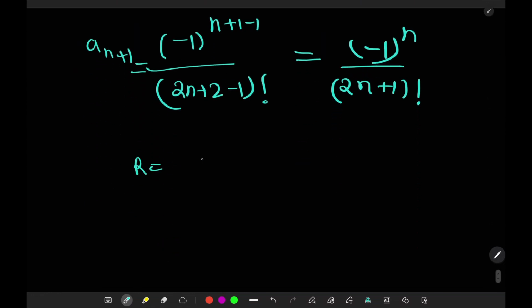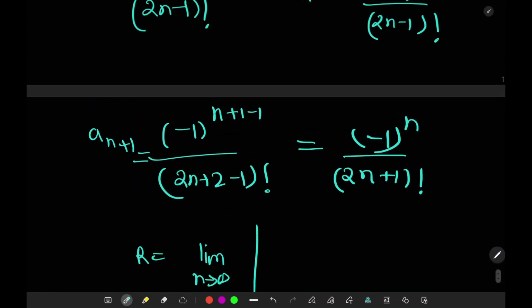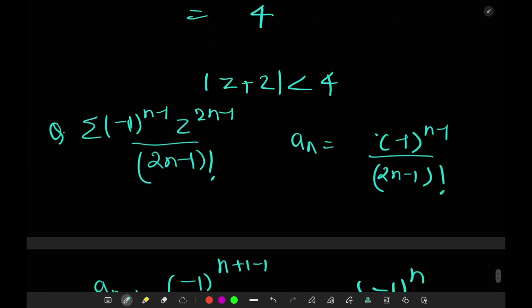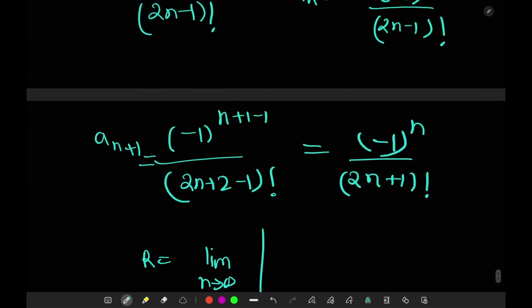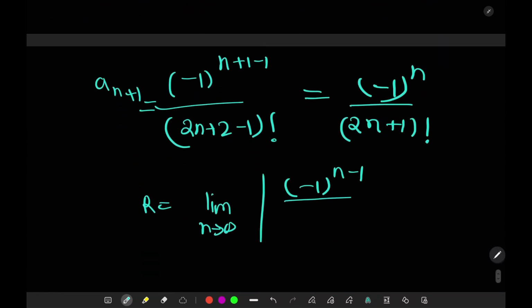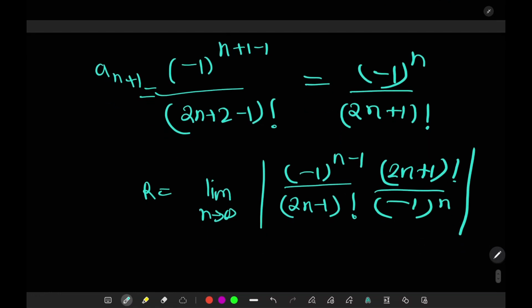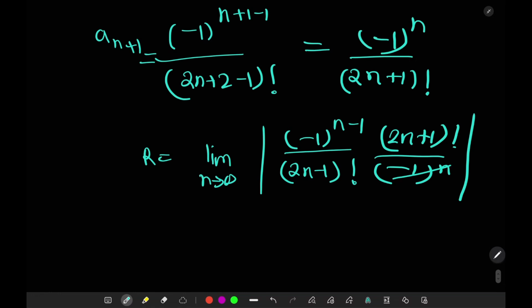Now putting this value in the radius of convergence formula, first we need to put the value of a_n. Here a_n = (-1)^(n-1) divided by (2n-1)!, and second we put the value a_(n+1). So this value comes here divided by (-1)^n, and this power is cancelled out by this.